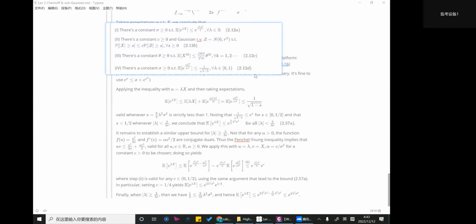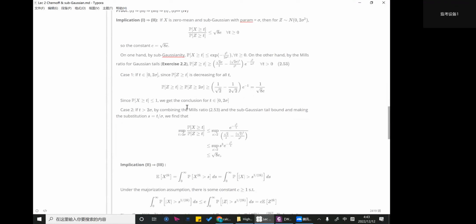So from this proof, we get some useful tools in proving different results. Let's make a brief summation.